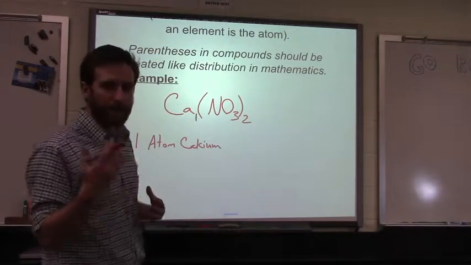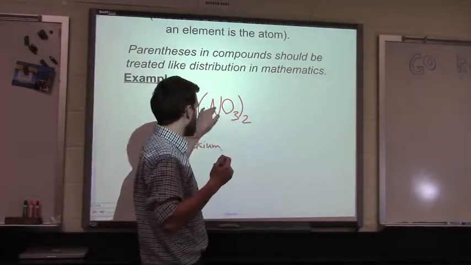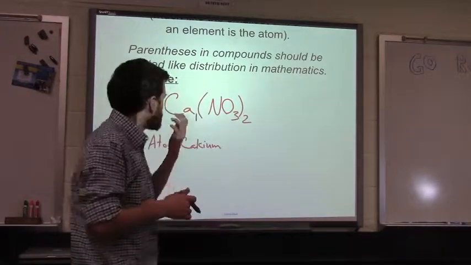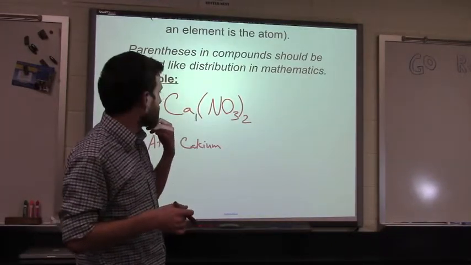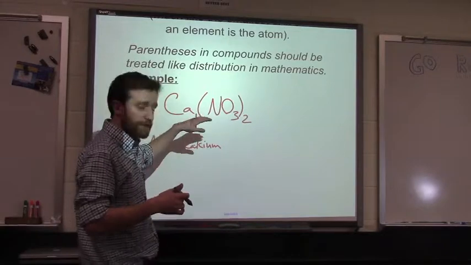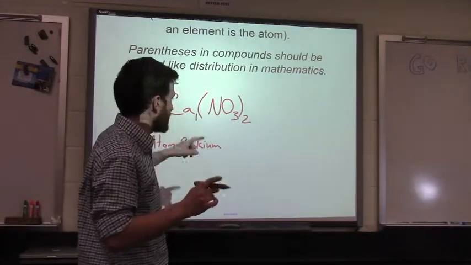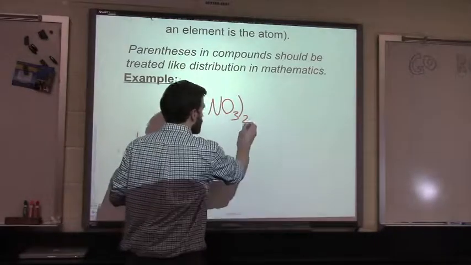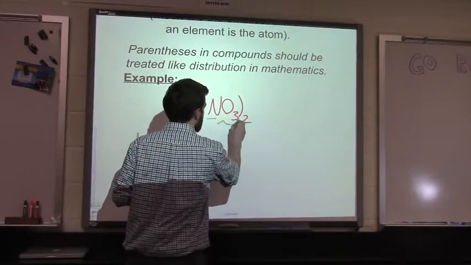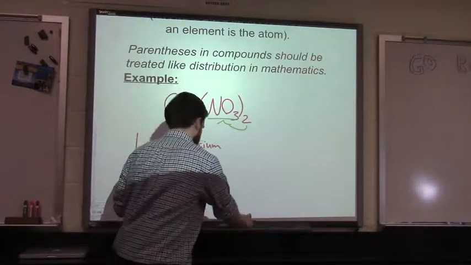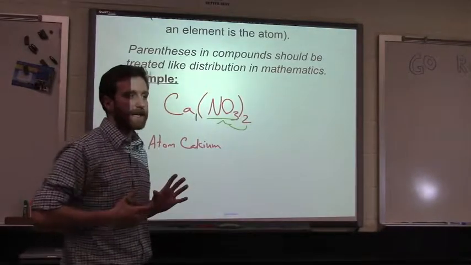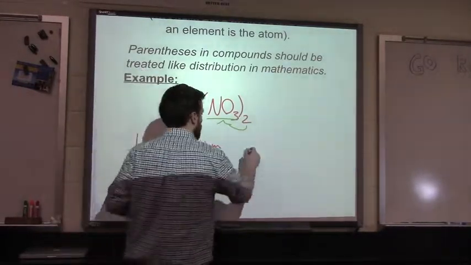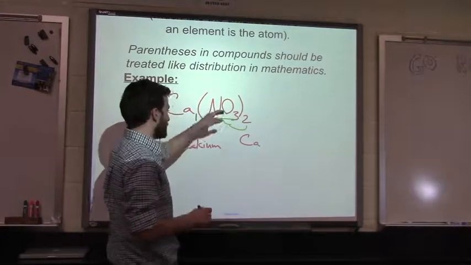But then I've got to ask myself, how does this 2 affect this NO3? So you could write this just the same as saying I have 2 NO3s. So it's not additive, but it's multiplicative. So think of distribution. I have 2 of everything within the parentheses. Maybe it helps to write this in its expanded form. Ca, and then I have 2 NO3s.